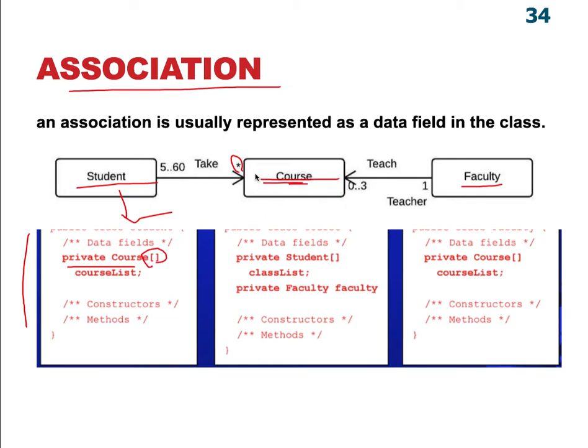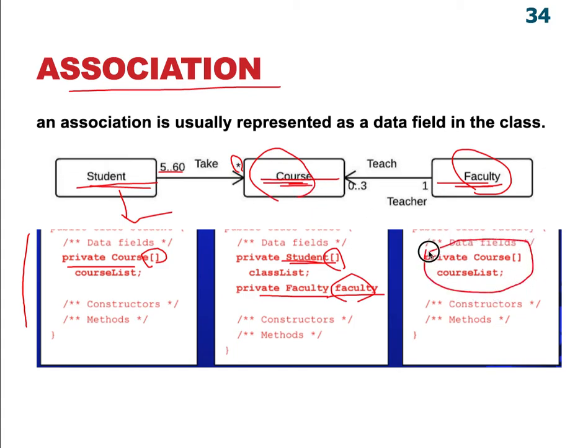Course, student, and faculty are related, so student and faculty will appear as instance members of the course class. In the course, you can have 5 through 60 students, so student should be an array or array list, but only a single faculty is assigned, so a single variable is okay. The faculty class is associated with the course, so course should appear as an instance member, and faculty can teach 0 through 3, so we expect the course as an array or array list.